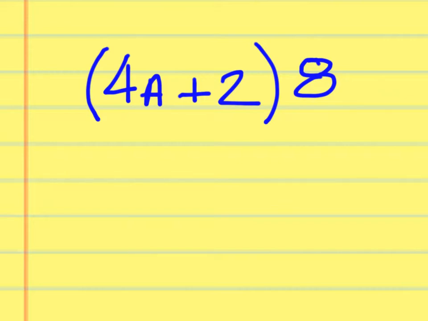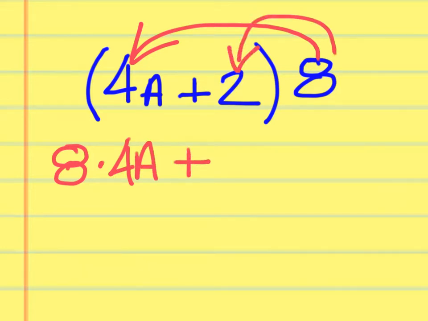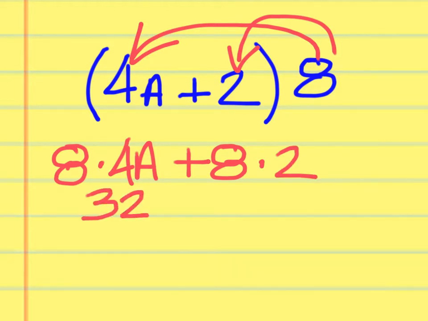This is the quantity of 4a plus 2, close the quantity, times 8. So you multiply the 8 by 4a, and then plus 8 times 2. So you come up with 32a plus 16.